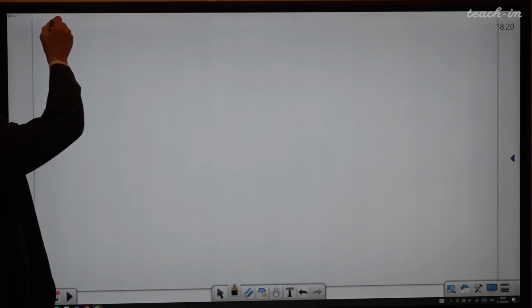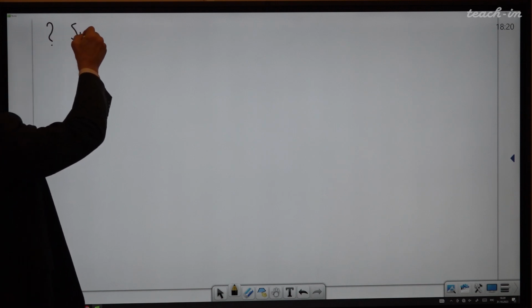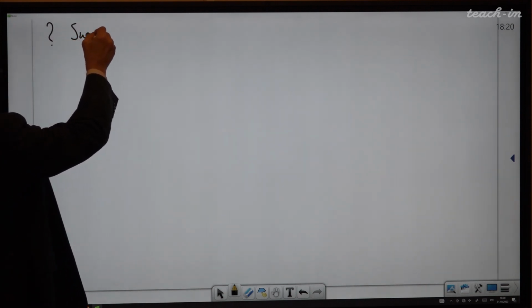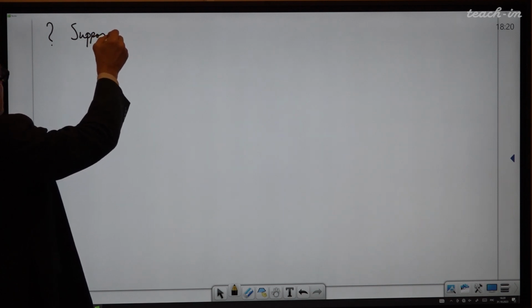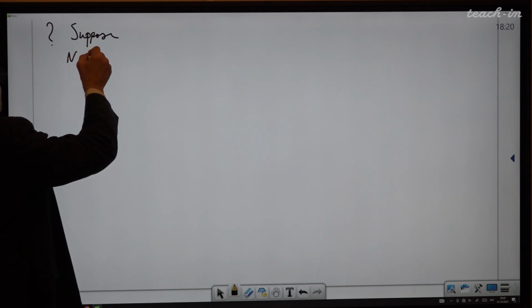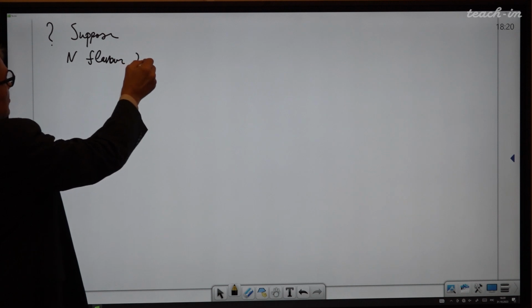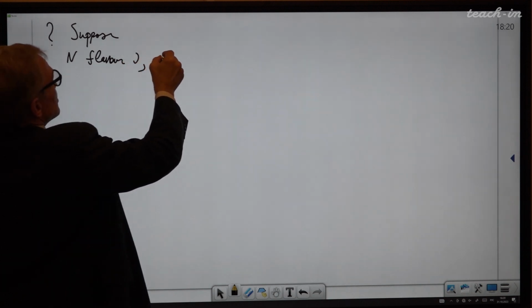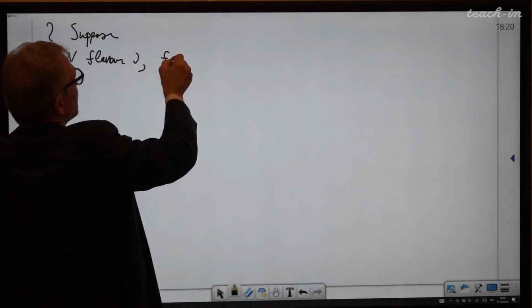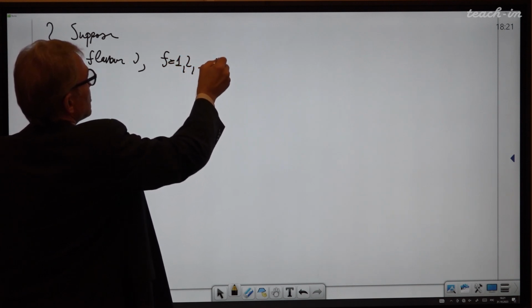So the problem. Suppose there are n flavor neutrinos. So F equal to 1, 2, etc. up to n.